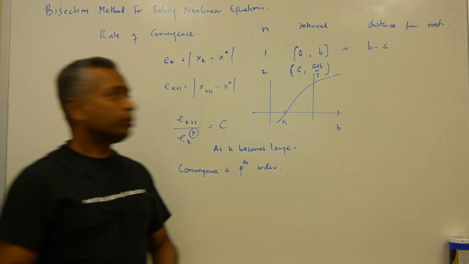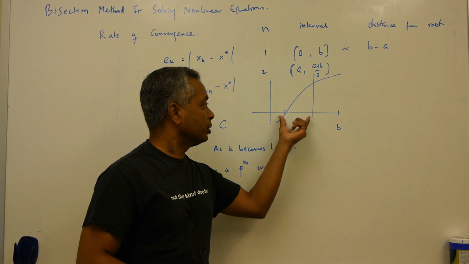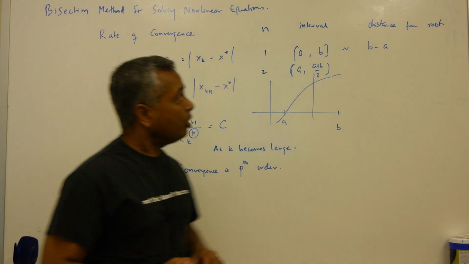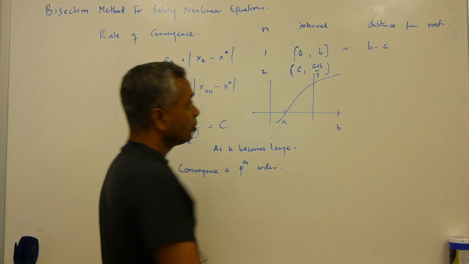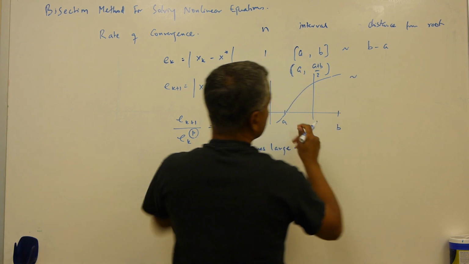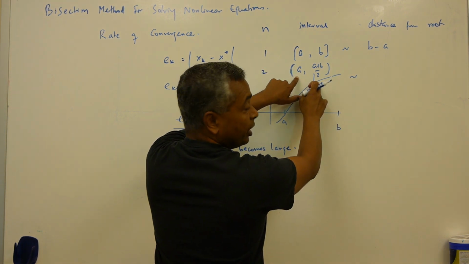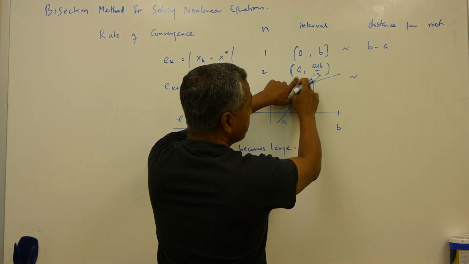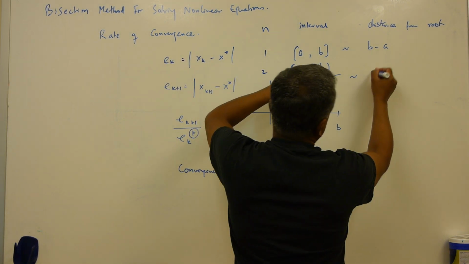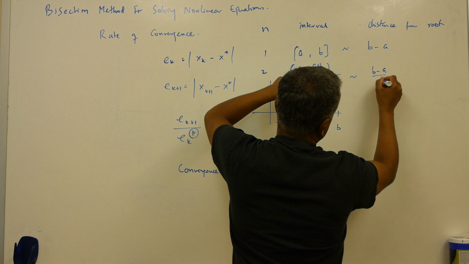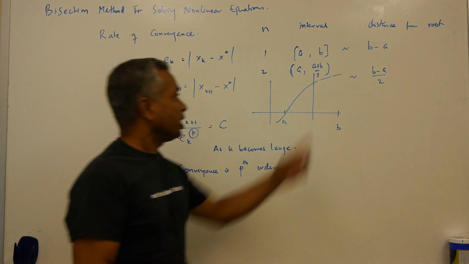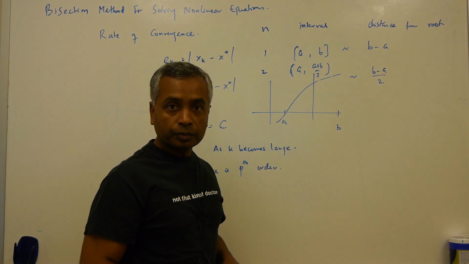It just happened that the root is in the first half. Now the worst case distance from the root has become the distance between a and a plus b over 2, so this simply becomes b minus a over 2.